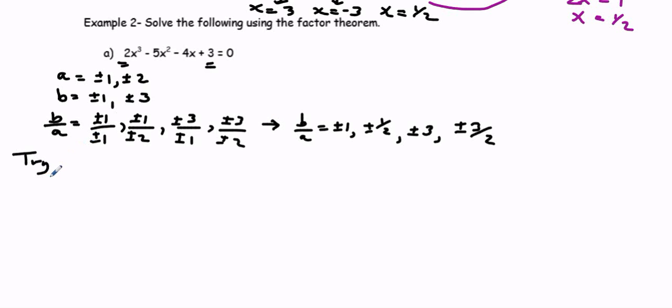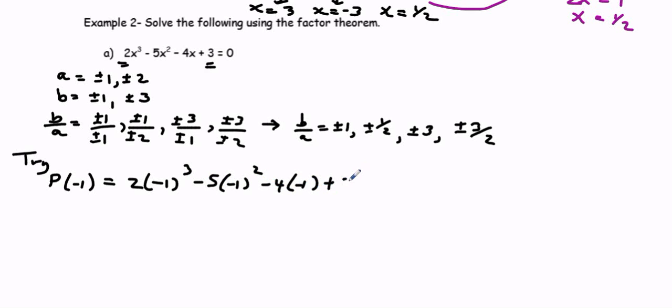So let's try P of negative 1. So that's going to be 2 times negative 1 cubed minus 5 times negative 1 squared minus 4 times negative 1 plus 3, which is equal to negative 2 minus 5 plus 4 plus 3. Oh, bingo! That equals 0.